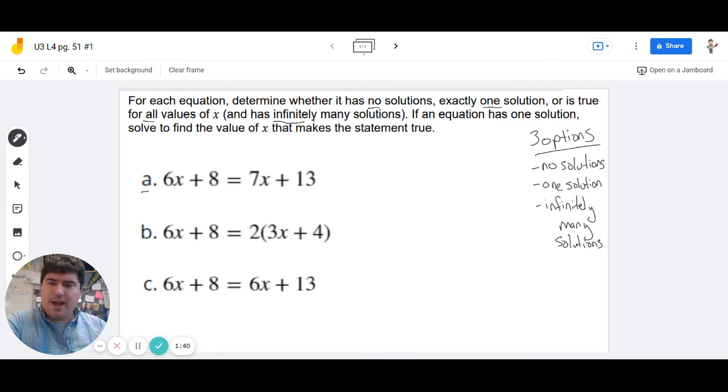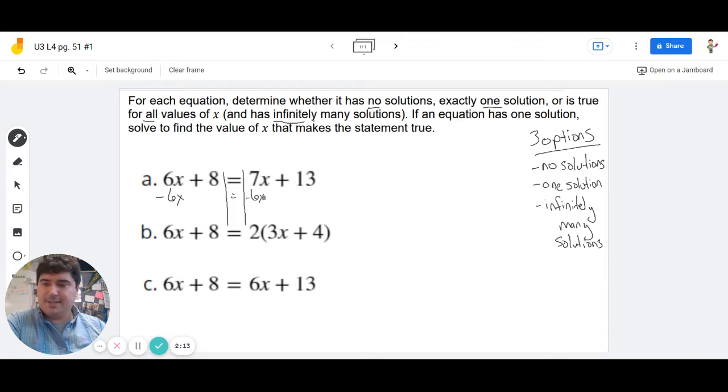So for letter A, we notice that it's 6x plus 8 equals 7x plus 13. Well, we can try to solve this. We can draw an equal sign highway, and then use opposite operations to isolate the variable. The opposite of 6x would be minus 6x, on both sides.